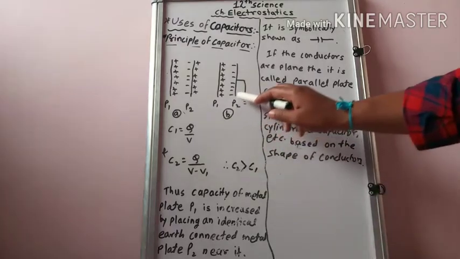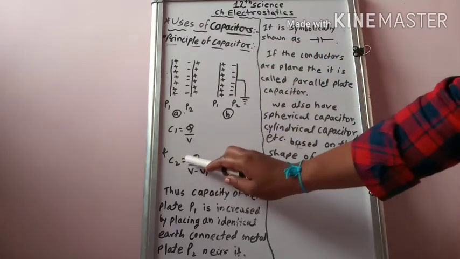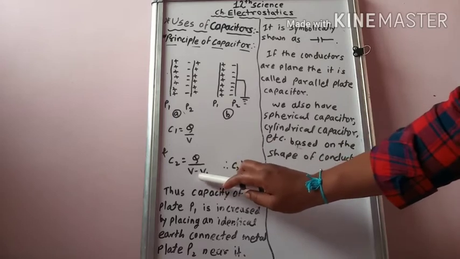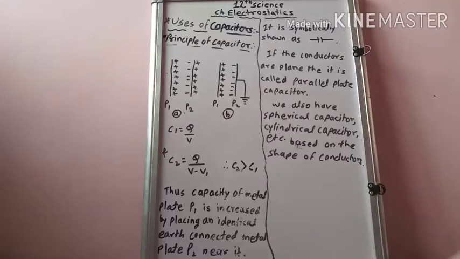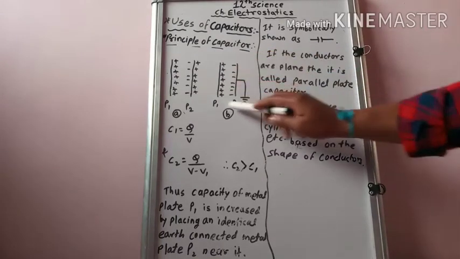Then the capacity C2 is equal to Q upon V minus V1.